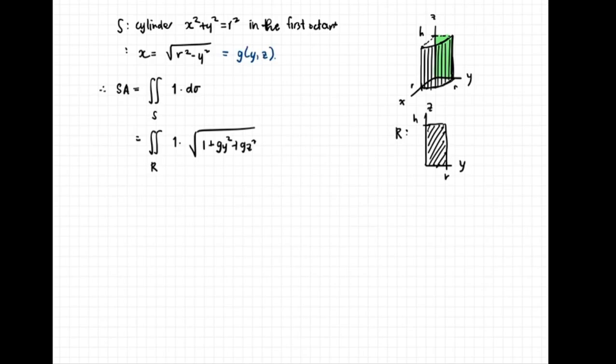And so this now is equal to the double integral over the region R of 1 multiplied now by the square root of 1 plus g sub y squared. g sub y in particular is 1 over 2 square root of r squared minus y squared times negative 2y, plus g sub z squared is actually 0.